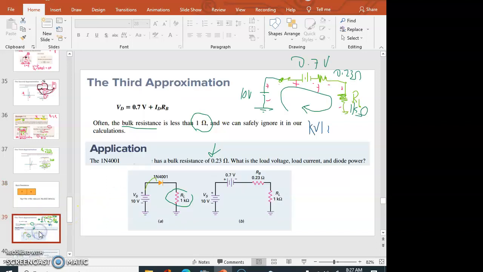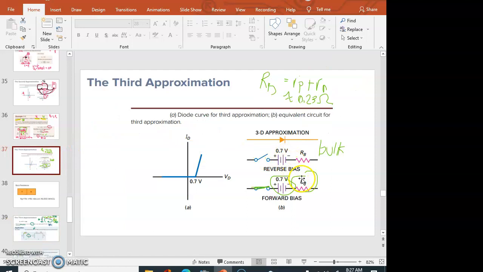So if we look at the diode voltage for the third approximation, we consider the barrier potential and the voltage drop across the bulk resistance. Going back to this, we consider the voltage across your diode: the voltage drop of 0.7, the barrier, and the voltage drop across your bulk resistance.